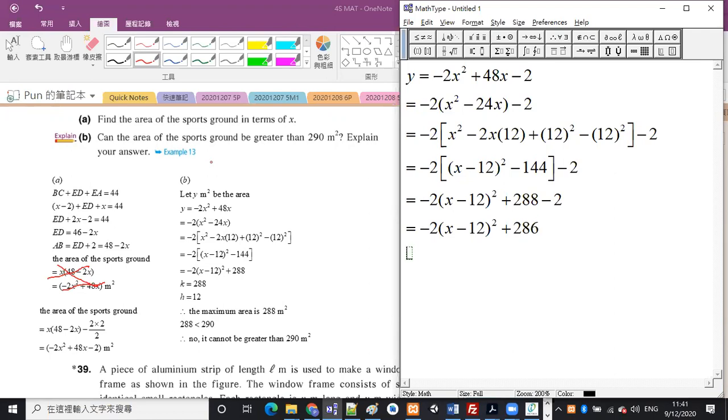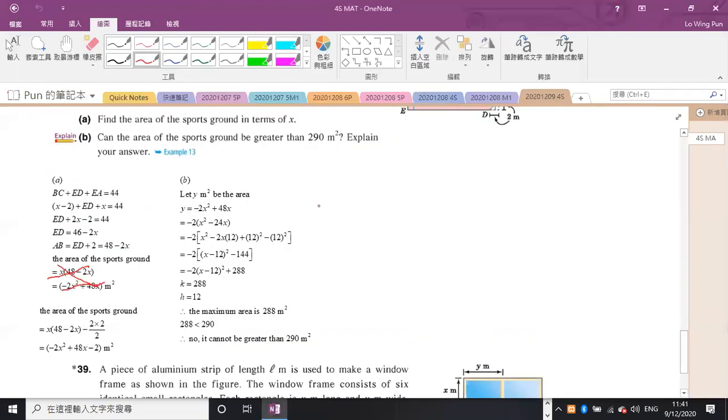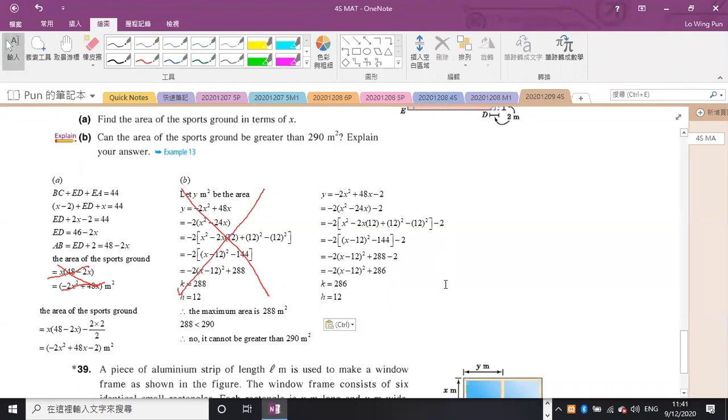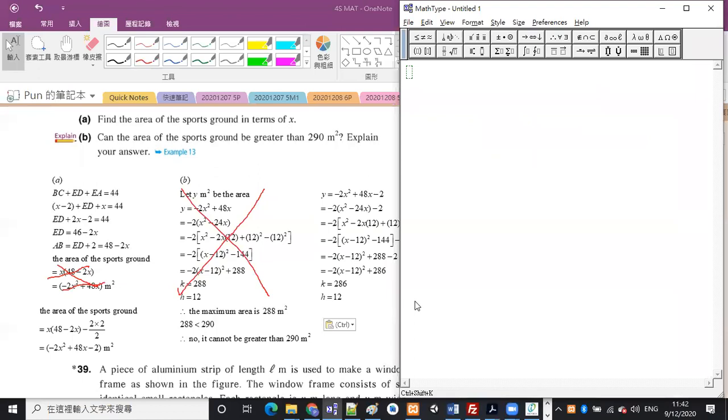Okay, so the K value should be 286 and H value should be still equal to 12. It's okay? So this one is not correct. I'm sorry. This one is correct. Okay, so the maximum value, the maximum area is just 286 meter square.